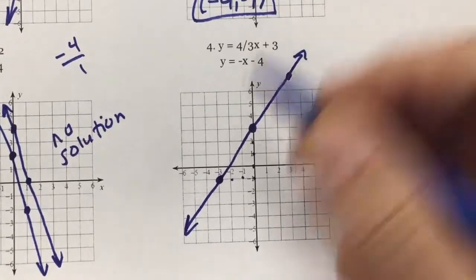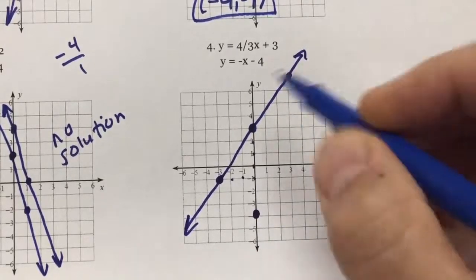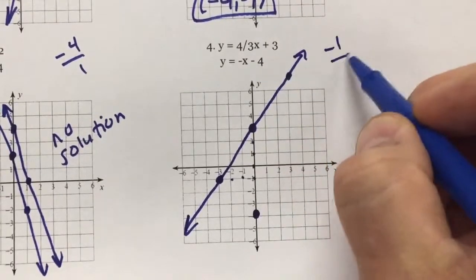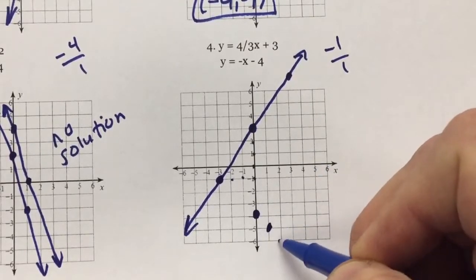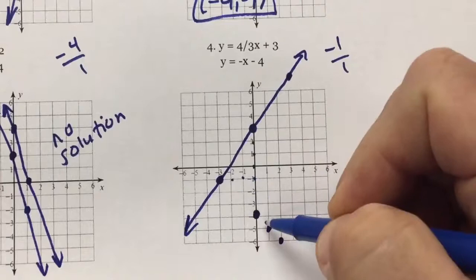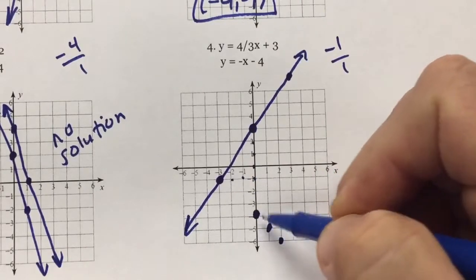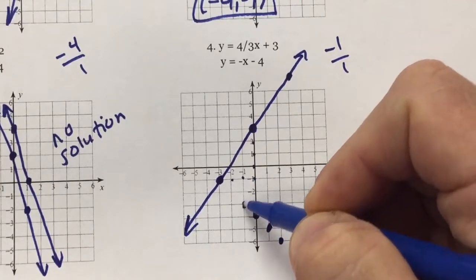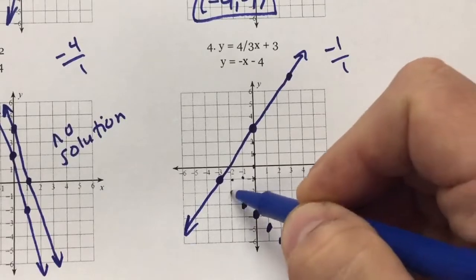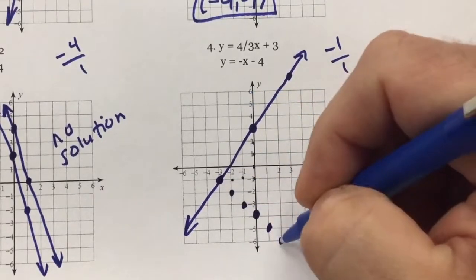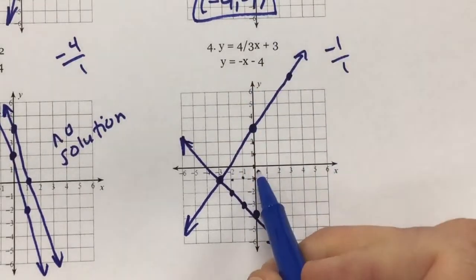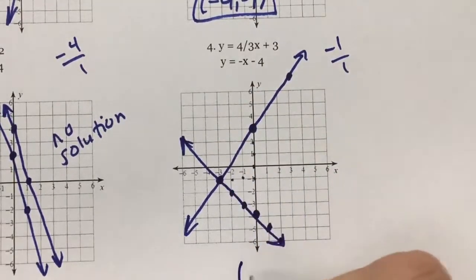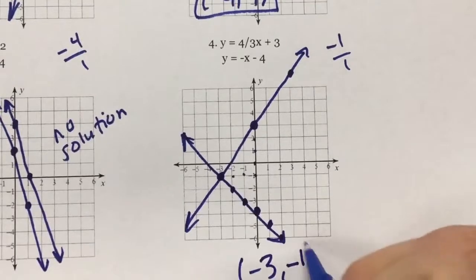Bottom one starts at negative 4, and the slope is negative 1, so I put it over 1. Be down 1 over 1, but that's not going in the right direction to cross with this line. So instead of down 1 over 1, I go up 1, back 1. Keep that pattern going. Up 1, back 1. There's the cross. So the solution to this system would be negative 3, negative 1.